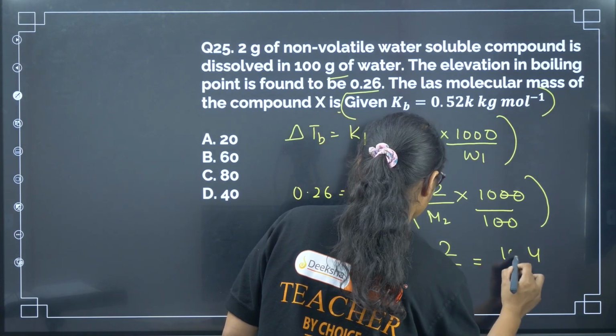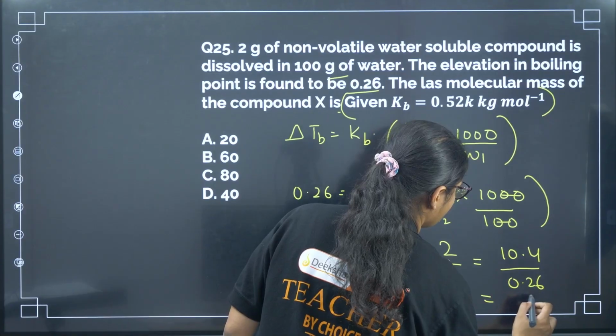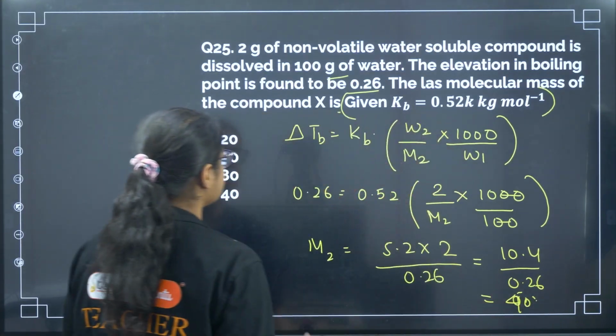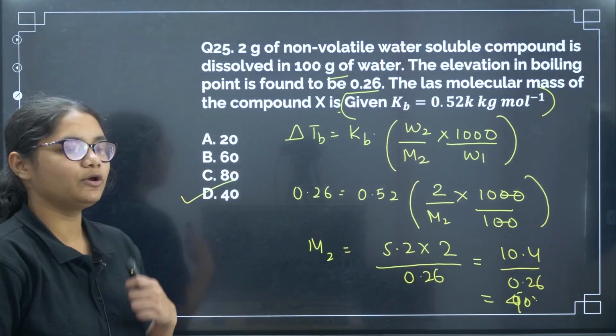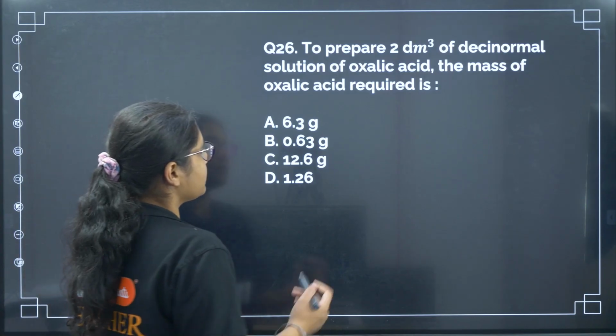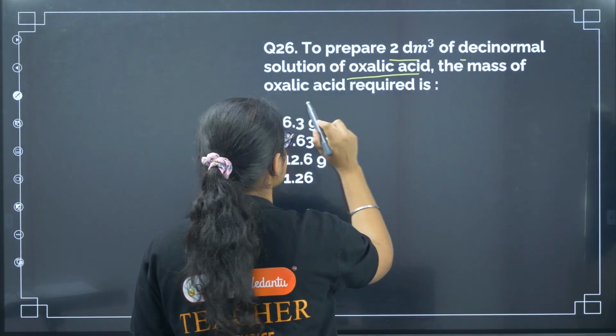Okay, so if you solve this, we'll get 40. Okay, so the correct answer for this question will be option number D, that is 40 gram per mole.